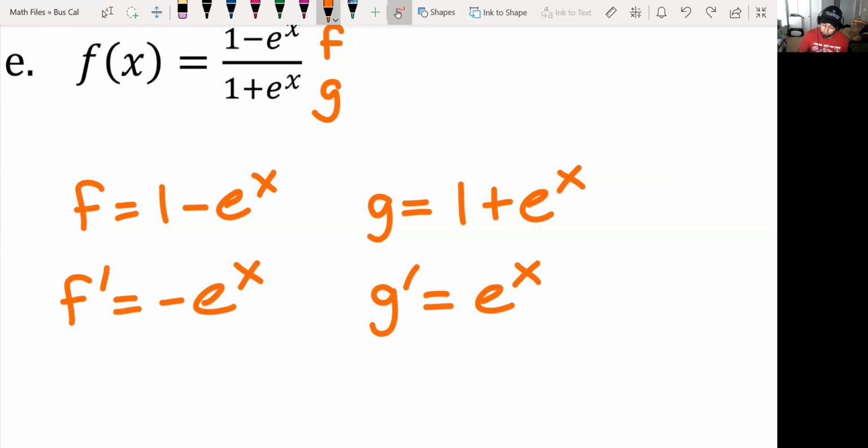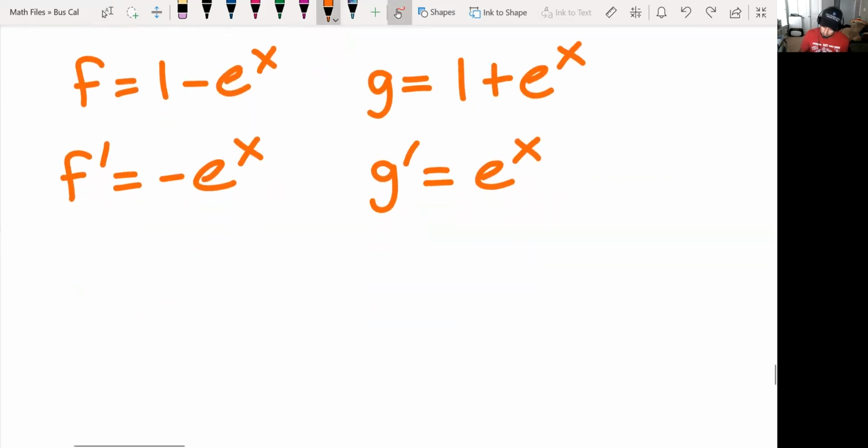Now let's follow the quotient rule, taking the derivative of f of x. So f prime of x, and follow your quotient rule.